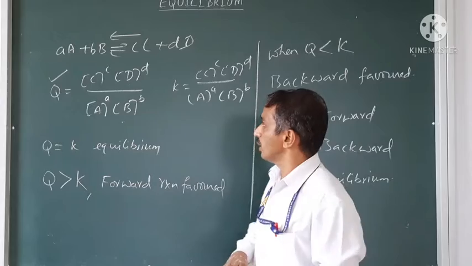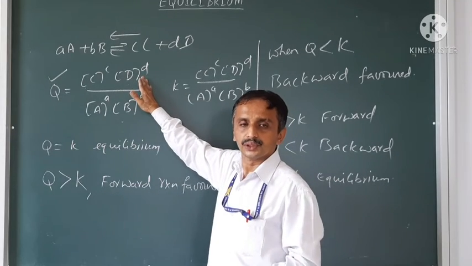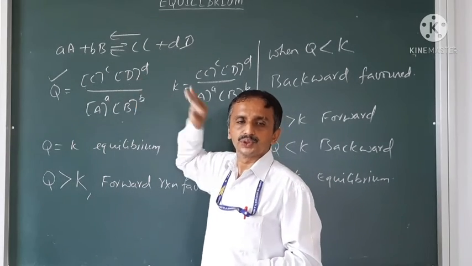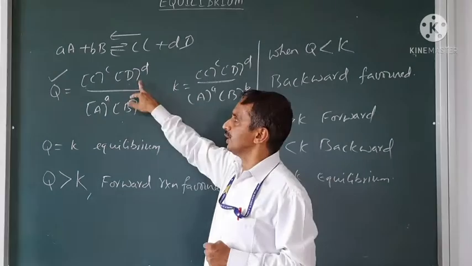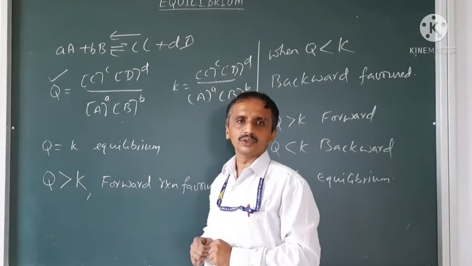They may give certain values. I will also discuss one problem. See the previous videos, they have given the C, D, A, B concentrations. They have given the equilibrium constant also.